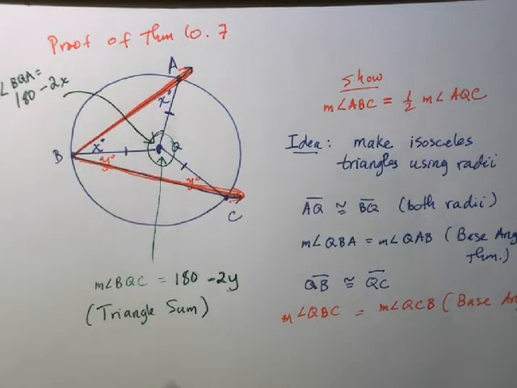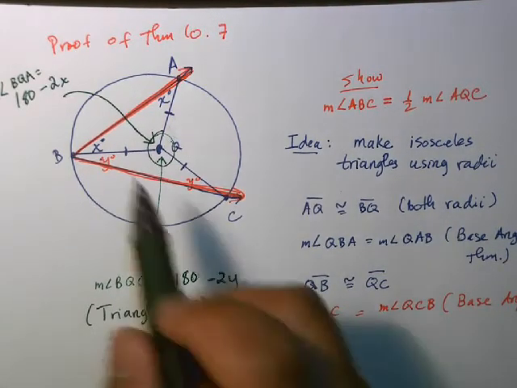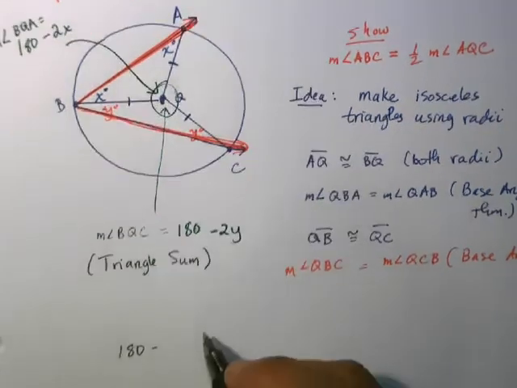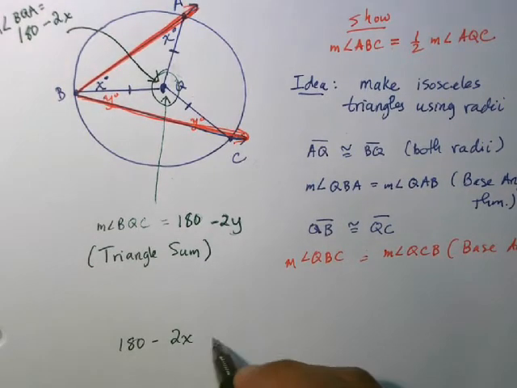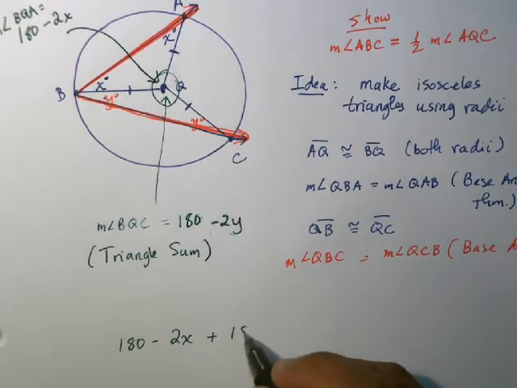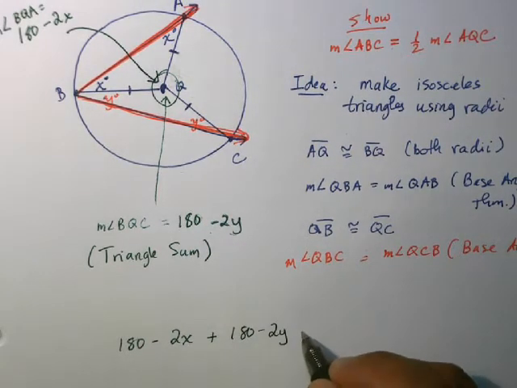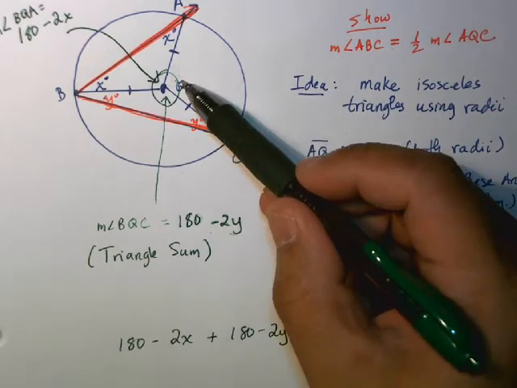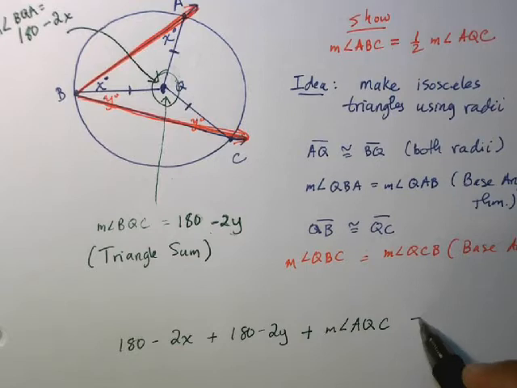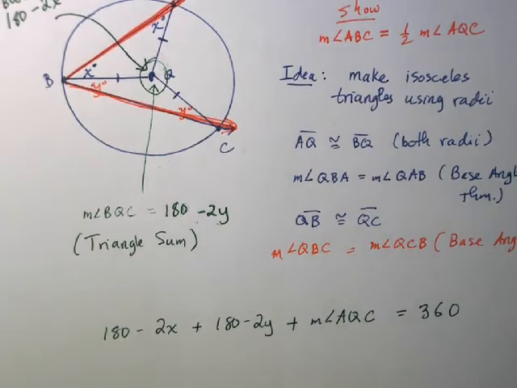The three of them added up together, their arcs, make up the full circle. So what do we have? We have 180 minus 2x plus 180 minus 2y plus the measure of this angle here, which is AQC, must be equal to 360 degrees.